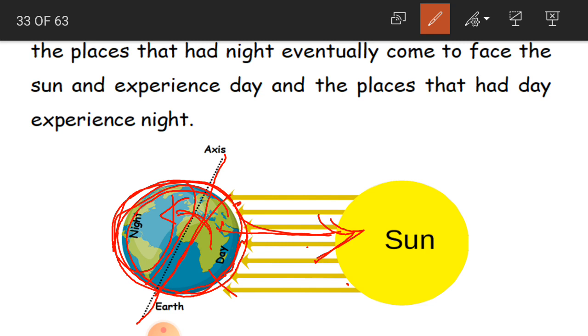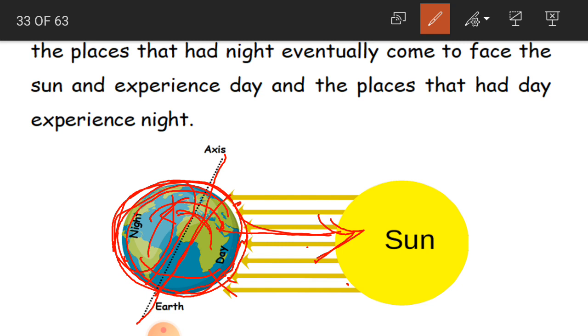Here again these countries are going to come this side and these countries are going to go that side. So they will be having night and these countries will be having the day. Okay, children, see, if we are having day here in America and other western countries, they will be having night.